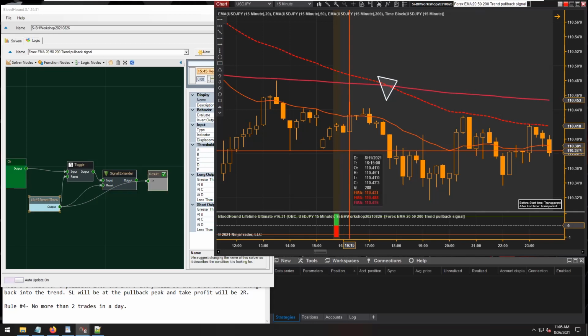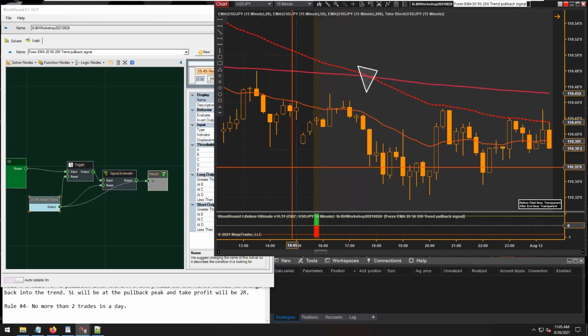So this bar actually opened at 1545 and closed at 1600. So this bar was the 15-minute period before 1600. Just be aware of that.